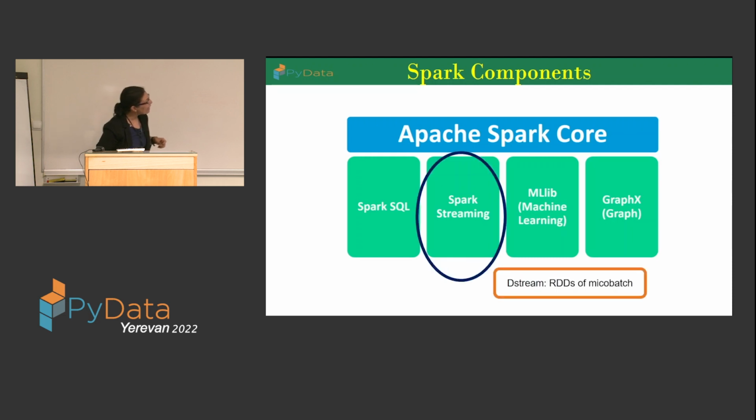Also, there is an old one, DStreaming, that makes RDDs of micro batches. So, for example, data is coming, and every 5 seconds you make an RDD. So you have a stream of RDDs, and you do some action on them.